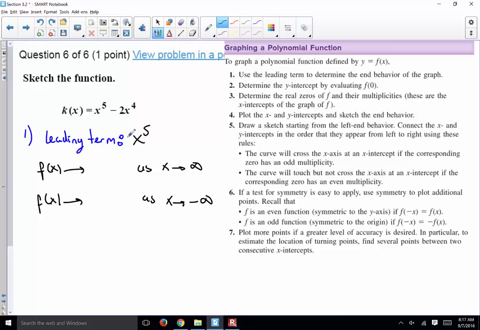If it's positive 1 x to the 5th, it's just 1, right? Do you remember the graph of x to the fifth? Left is going down, right is going up.